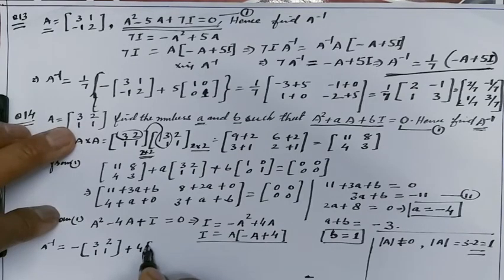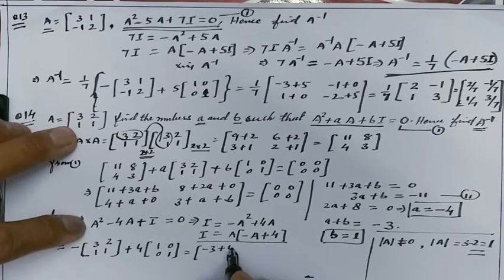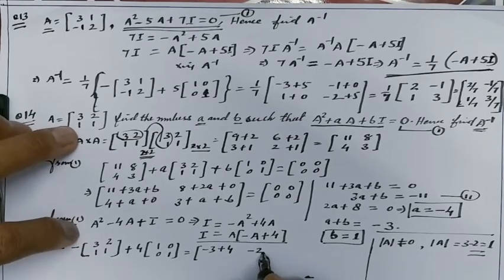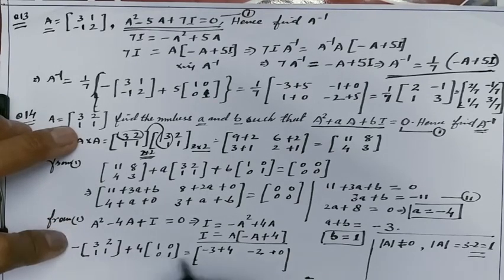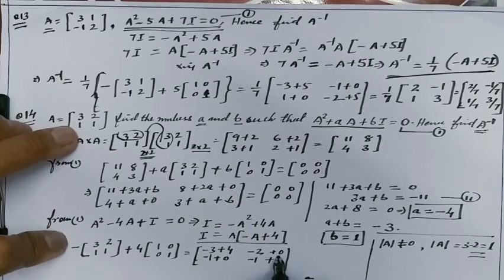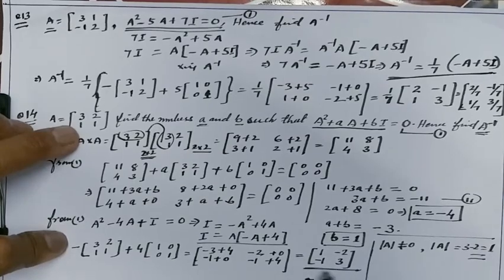So plus 4 means 4 times identity matrix 1, 0, 0, 1, which is nothing but minus 3 plus 4, minus 2 plus 0, and then minus 1 plus 0, and minus 1 plus 4, which is nothing but plus 1, minus 1, minus 2, plus 3. This is A inverse.